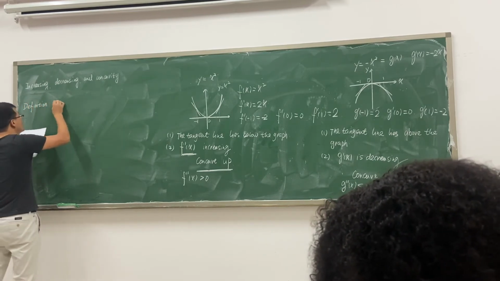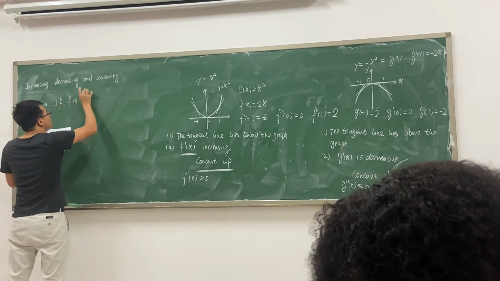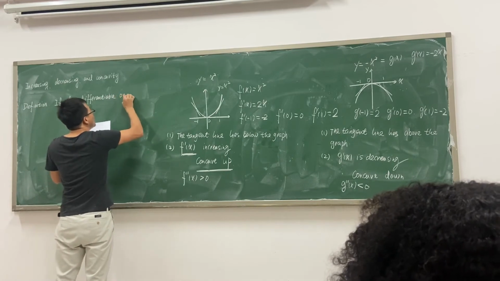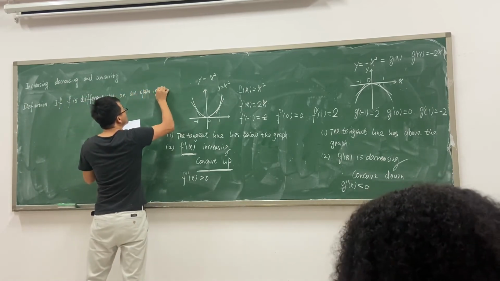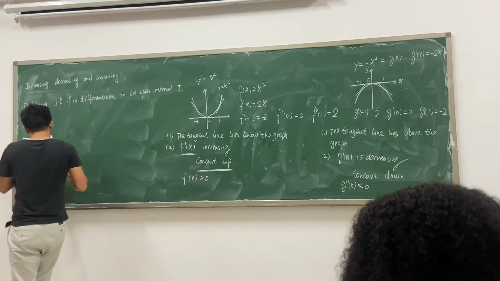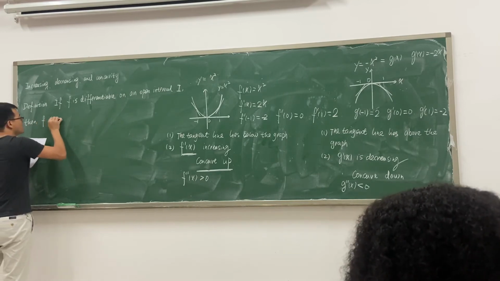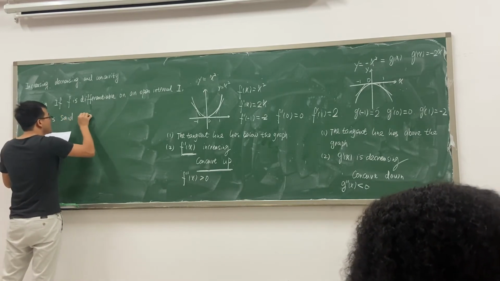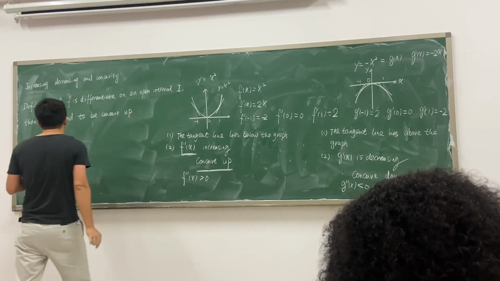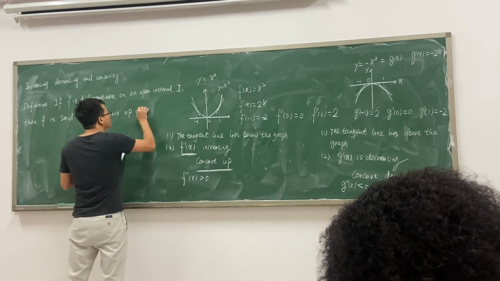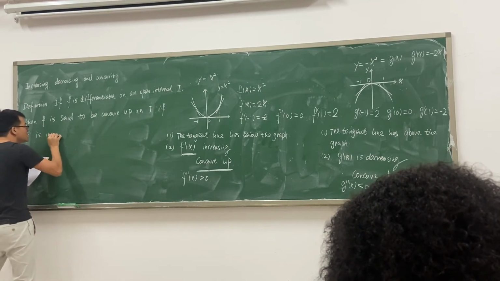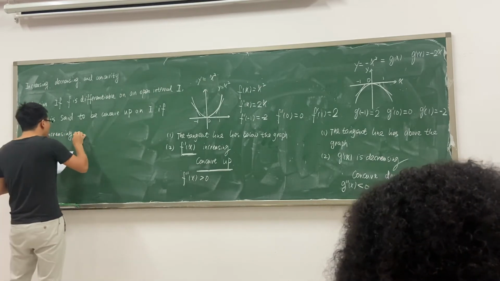The definition: if f is defined on an open interval, this open interval we use I to denote, then f is said to be concave up on I if f prime is increasing on I, okay.